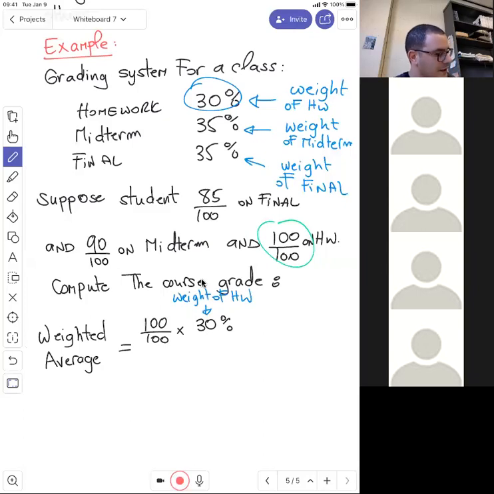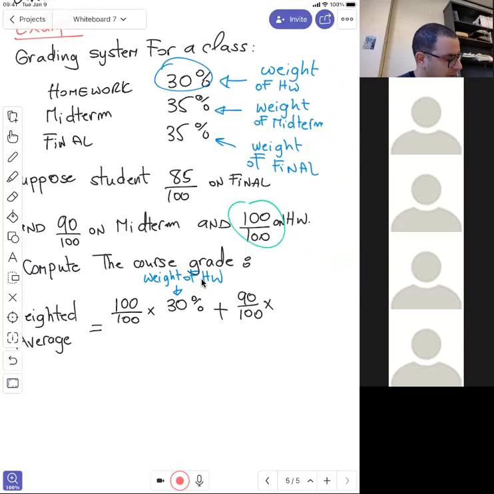Plus, now the midterm. The student got 90% on the midterm, so it's 90% times the weight of the midterm. The midterm is worth 35%, as you can see here.